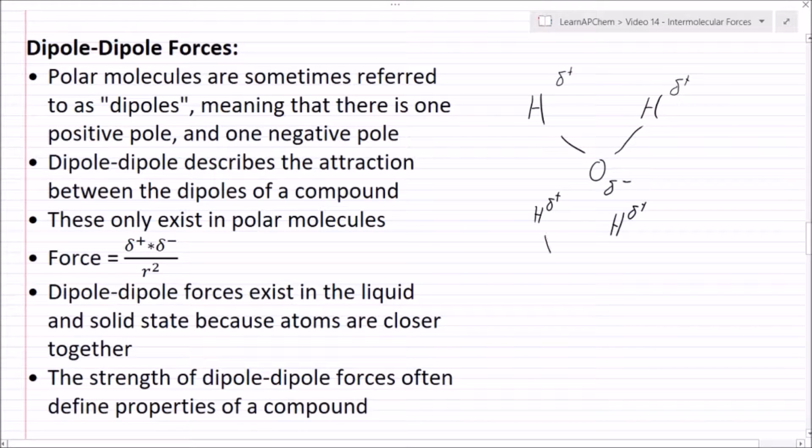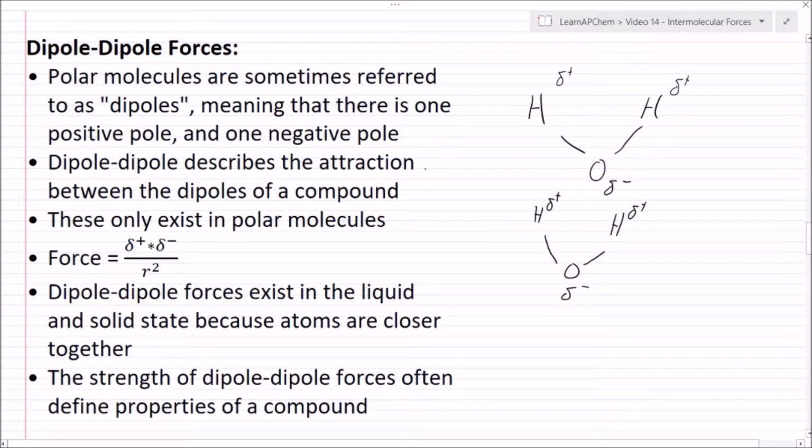So if I have two water molecules, my dipole-dipole forces refer to the attraction between these positive dipoles and the negative dipoles, and vice versa. Now note that these only exist in polar molecules. So say if I had H2, I don't have any dipoles on this atom, so there's no dipole-dipole forces.